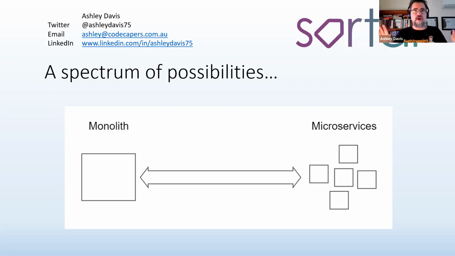So there's no one right approach to software development. Microservices are a really important part of our toolkit, but they can live alongside other valid techniques. It doesn't have to be all about microservices, even though they have a lot to offer. And we have a spectrum of possibilities here that we could choose from.